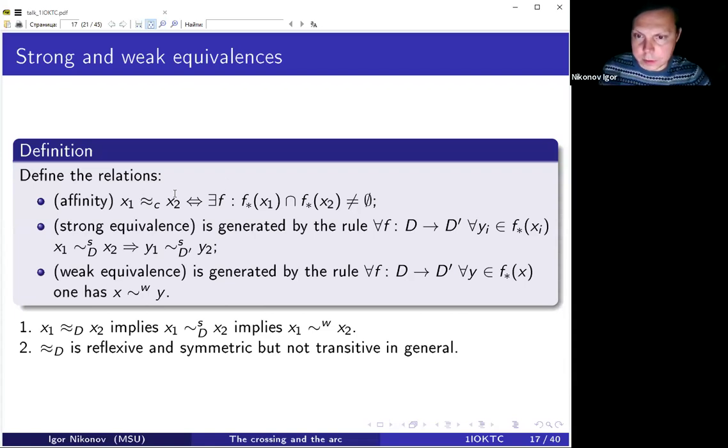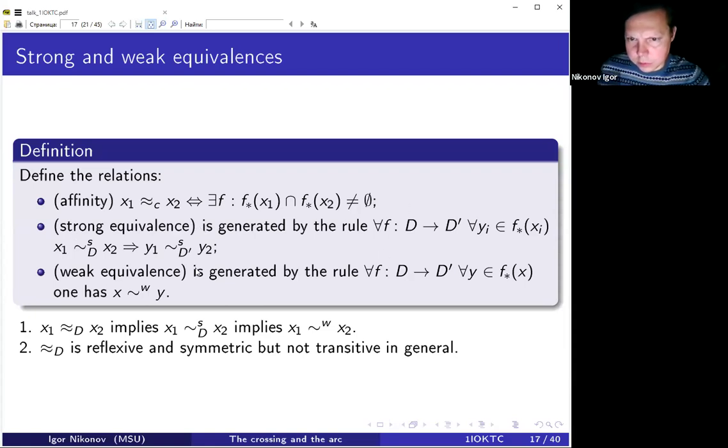One can check that this affinity relation is reflexive and symmetric, but not transitive. Its transitive closure gives the equivalence relation called strong equivalence.